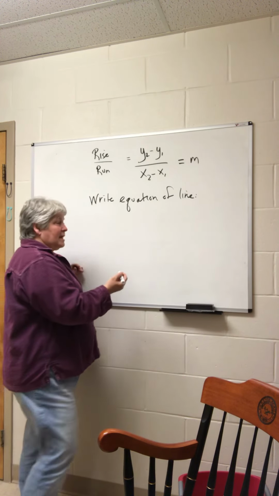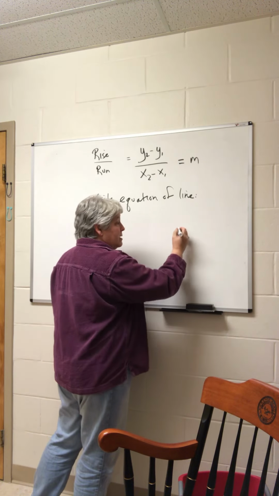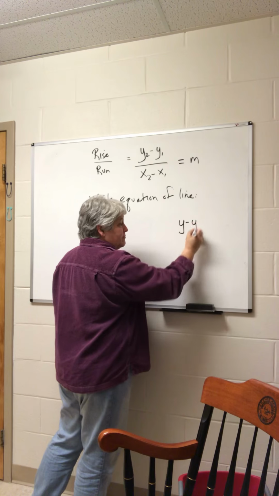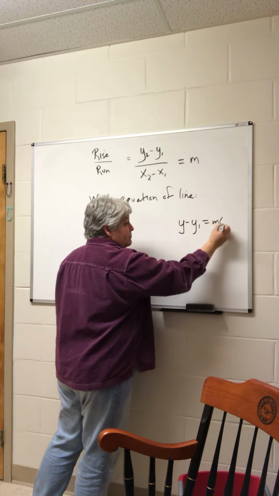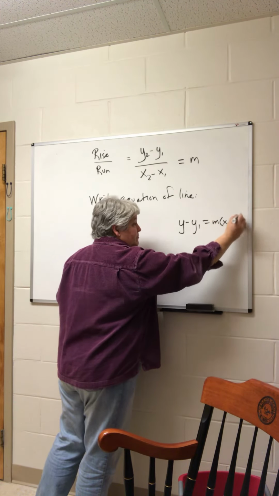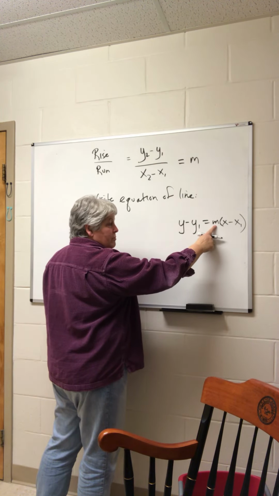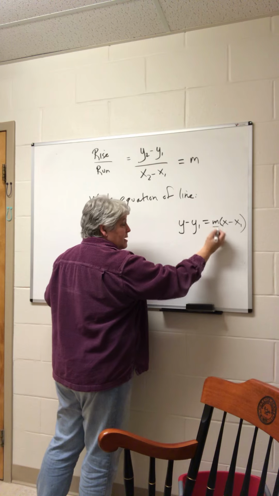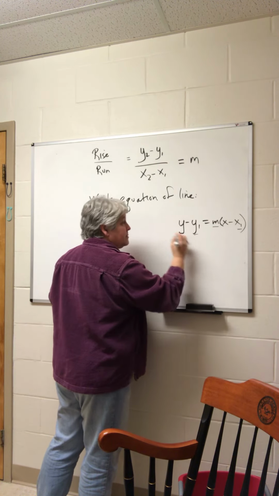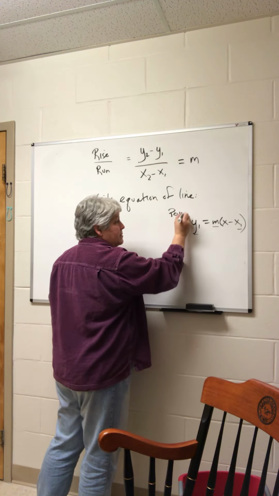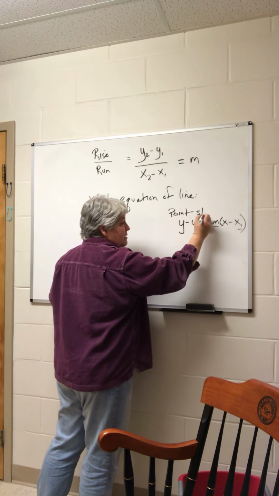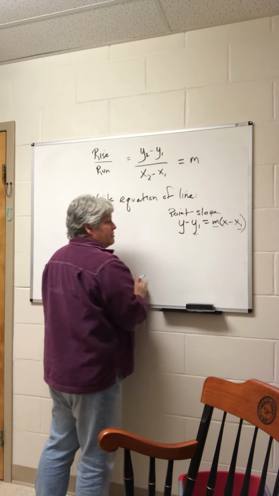And the equations that I said you would use the most, the form would be this, called point slope because that's your slope and that's your point. This is what you should have reviewed for homework.